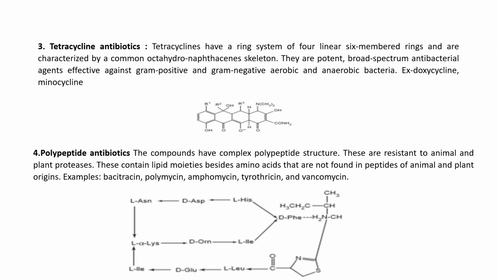So here, up till now, we have seen that we can have organic molecular structures. We can also have carbohydrate-based antibiotics, and these polypeptide antibiotics usually have lipid and protein components in their structure.